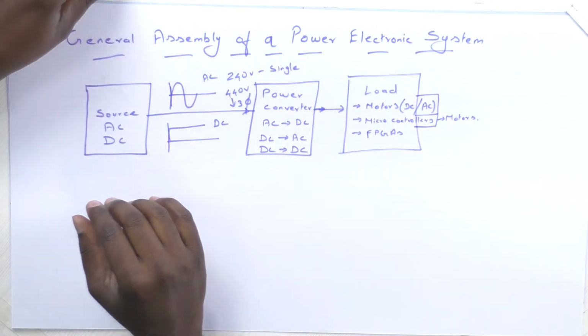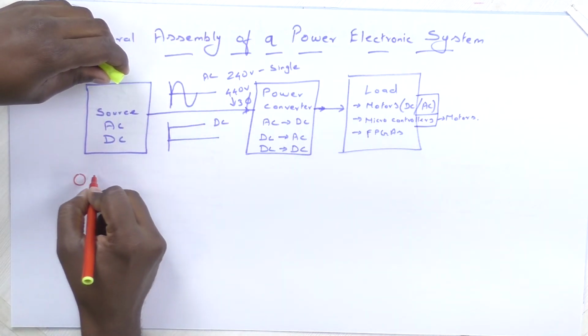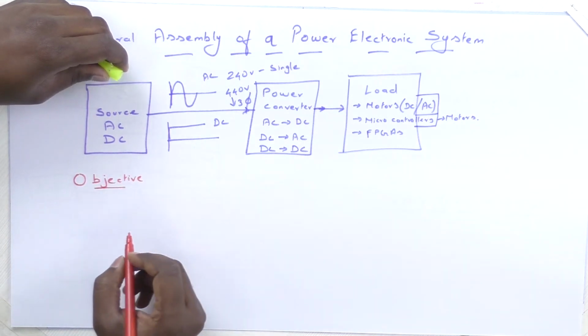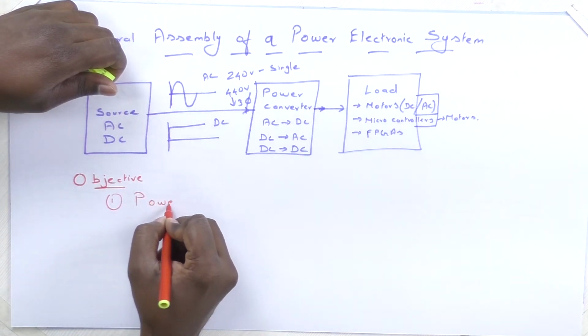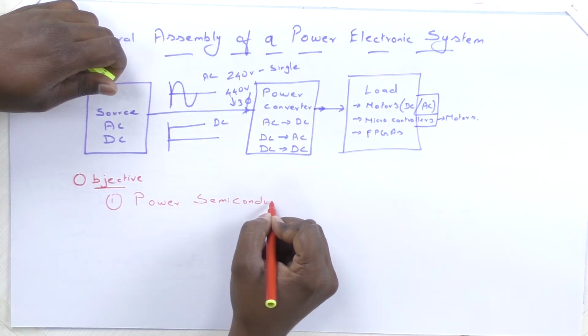So the main objective for this particular class for us is, first, to understand all the power semiconductor devices. What are all the types of power semiconductor devices?